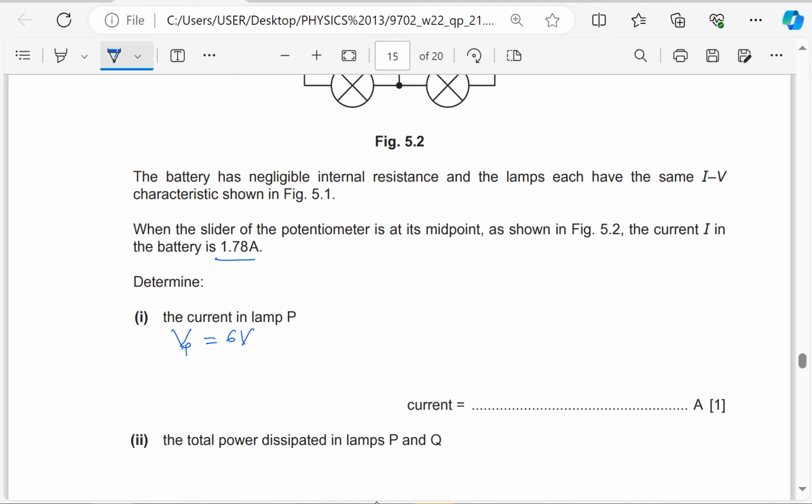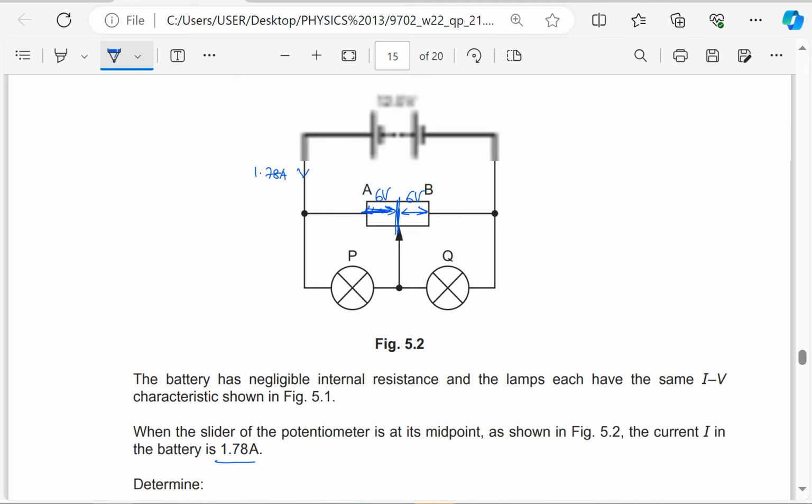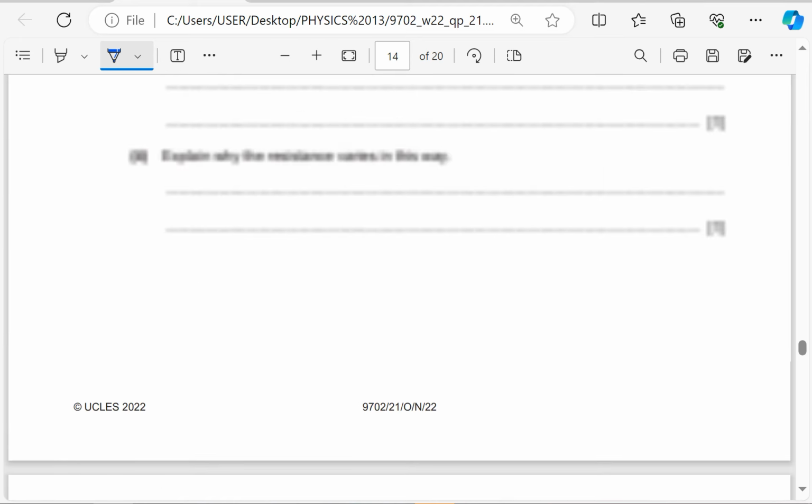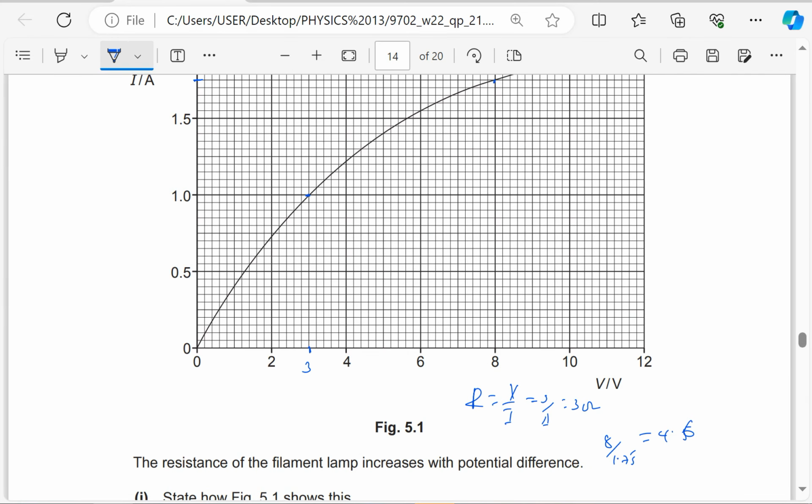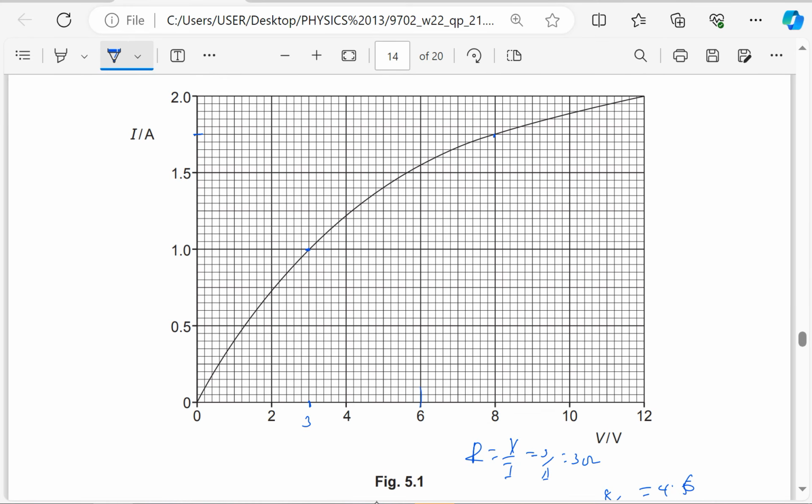So I have to go to the graph and look for the current. I'll look for 6 volts from the graph. So the PD is 6 volts. So I'll look for this current here. The scale is 0.05, so this is 1.55.